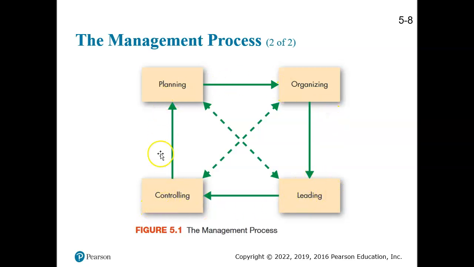So that's a brief kind of overview of how the management process works. But in fact, it's quite iterative, that as you're doing some element of the management process, you're probably working with or affecting other parts of it as well. So it's not as simple as this chart looks, but those are the 4 elements that go into the management process.